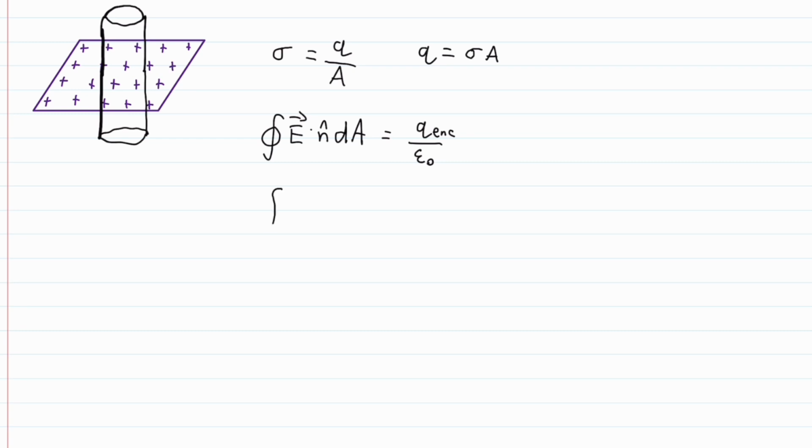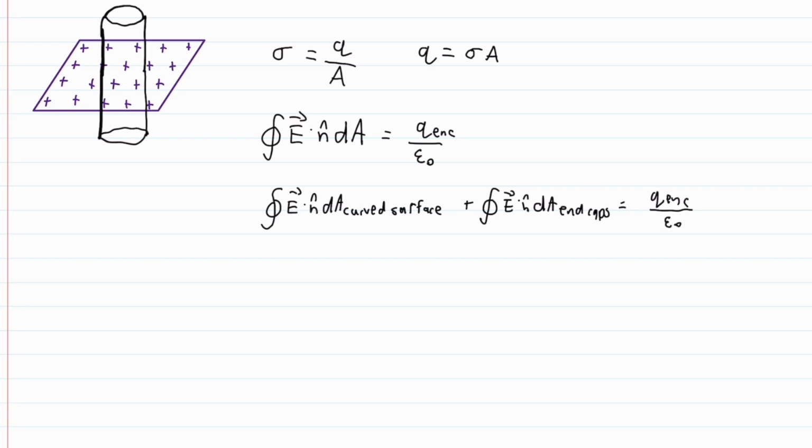So we have E dot n dA for the curved surface plus E dot n dA for the end caps, and this equals Q enclosed divided by epsilon naught.